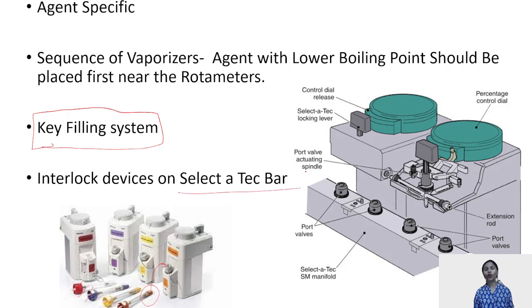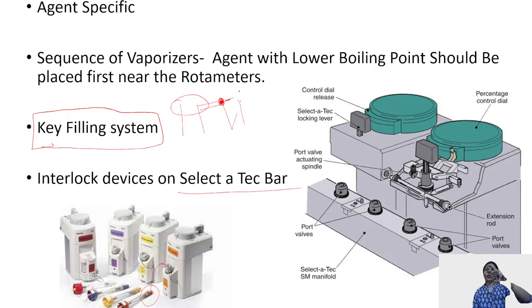Lastly, we have the Selectatec bar. I told you about it: it is the bar on which your vaporizers are mounted, and it has a safety mechanism that you will not be able to open more than one vaporizer at one time. Suppose these are two vaporizers. As soon as one vaporizer gets switched on, it has a pin that comes out, and this is going to stop the movement of the second vaporizer.